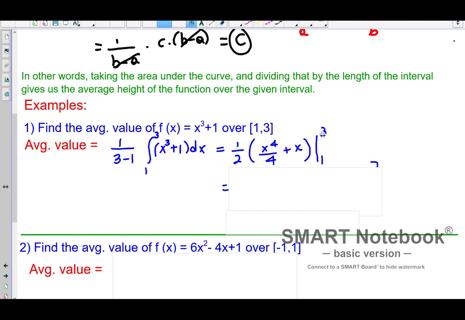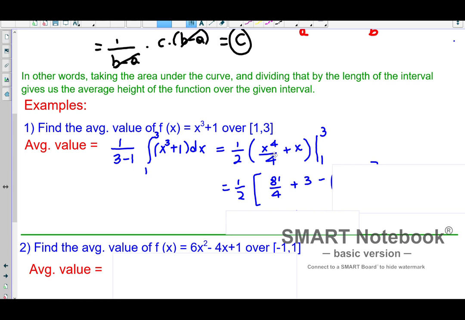At this point, plug in the 3 for x. Everywhere you see an x, plug in a 3. And this 1/2, you can keep it outside of everything. So after the 1/2, I open a parenthesis, and first I'm going to plug in the upper limit. You're going to have 3 to the 4 over 4 plus 3. So 3 to the 4 is 81, so 81 over 4 plus 3, minus, open another set of parentheses.